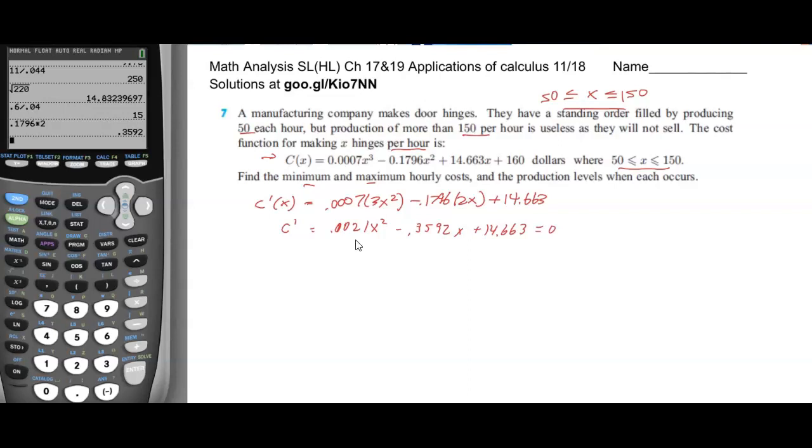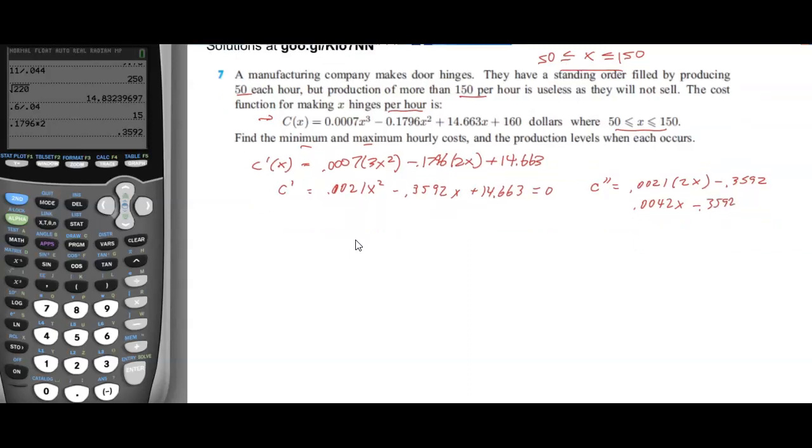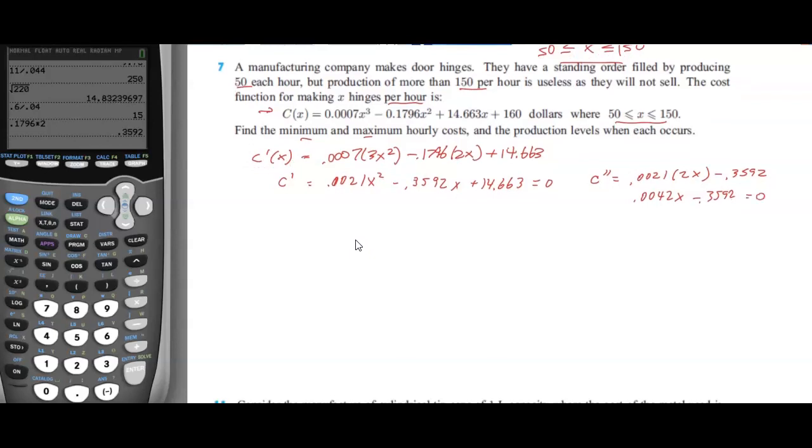And then I can use the second derivative function, which would be 0.0042x minus 0.3592, to figure out which x values give minimums and which give maximums. Just to see where the transition occurs between minimum and maximum, I set this equal to 0.